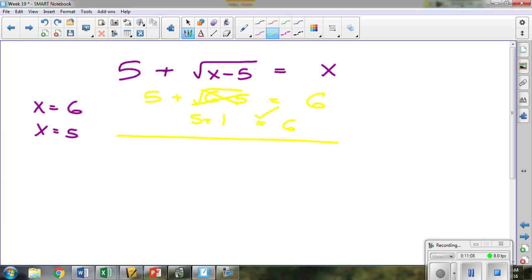Let's verify the other one. 5 plus the square root of 0. That will also work. So in this instance, we check to see if we have an extraneous solution, and we don't. We know these processes many times will create a false solution. This one didn't.